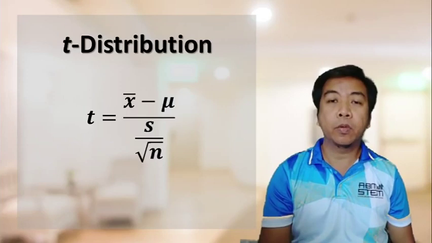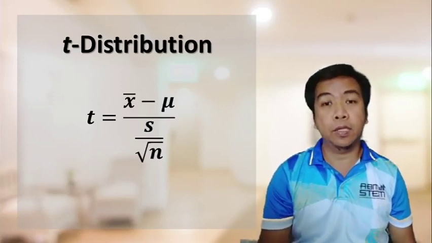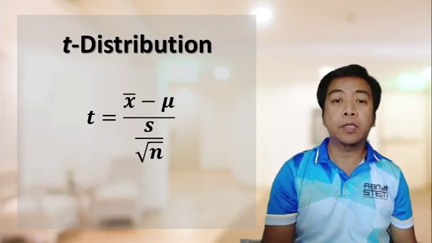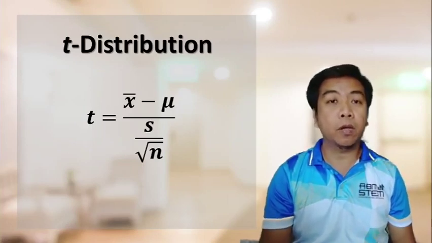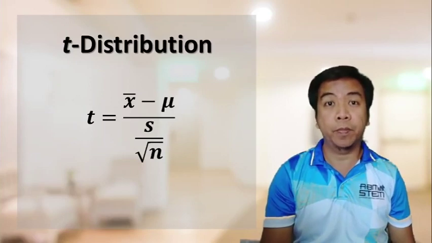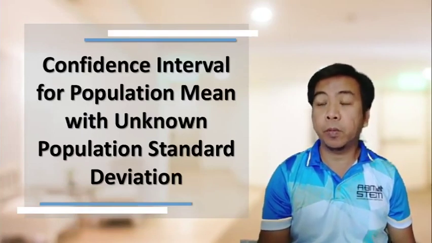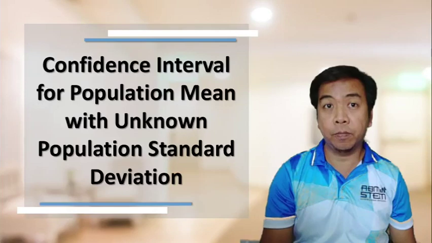We use the following formula to find the t-value or the t-score. This formula, however, when manipulated algebraically, will produce another formula to determine the confidence interval in estimating the population mean. So today, we're going to deal with the confidence interval for population mean with unknown population standard deviation.